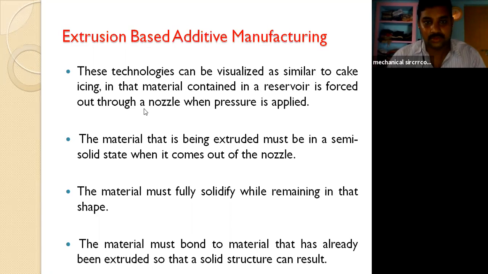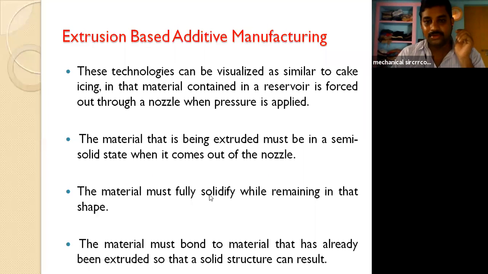Here, through the nozzle we supply some magnitude of pressure. The material that is extruded must be in a semi-solid state. The phase of the material is semi-solid. It comes out of the nozzle, and the material must fully solidify while remaining in that shape.